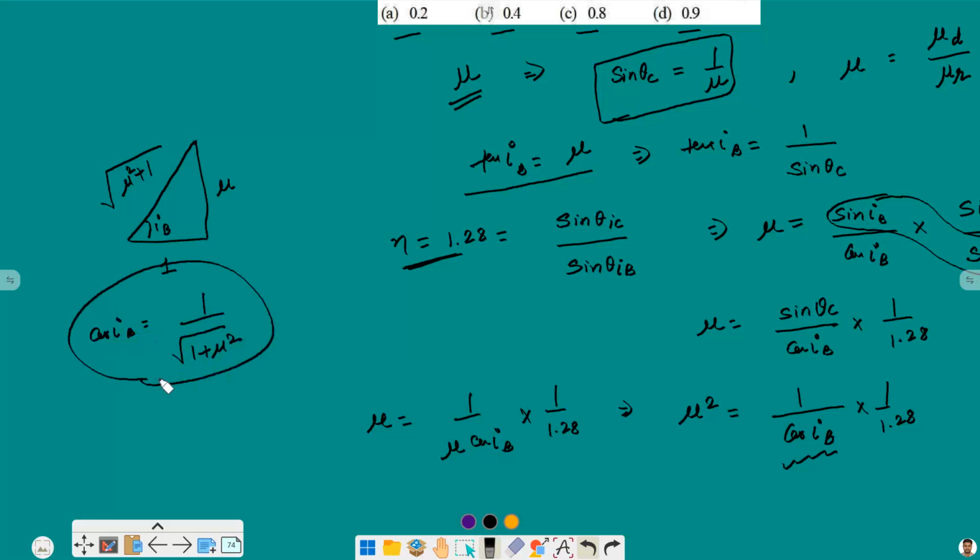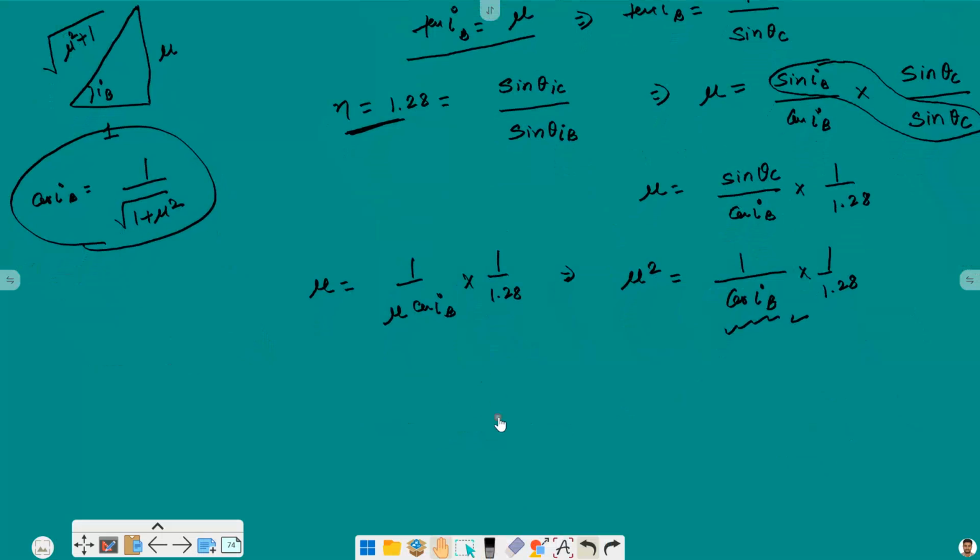Now we will substitute this value in this relation. So we will have the relation that mu square into 1 by under root 1 plus mu square is equal to 1.28.